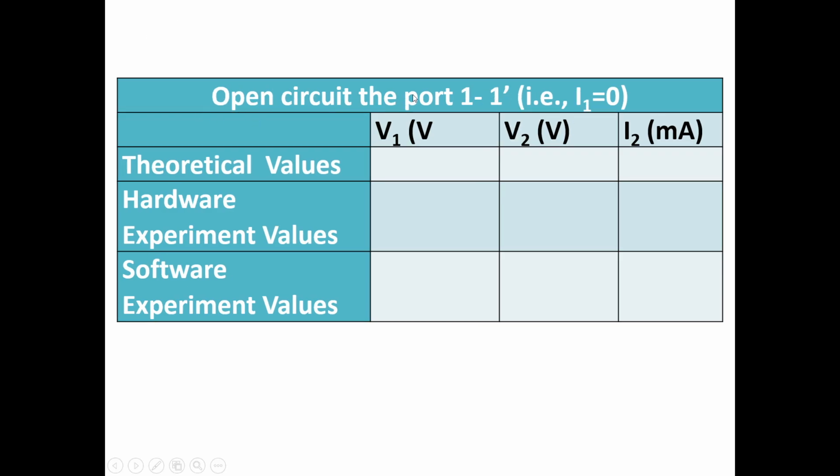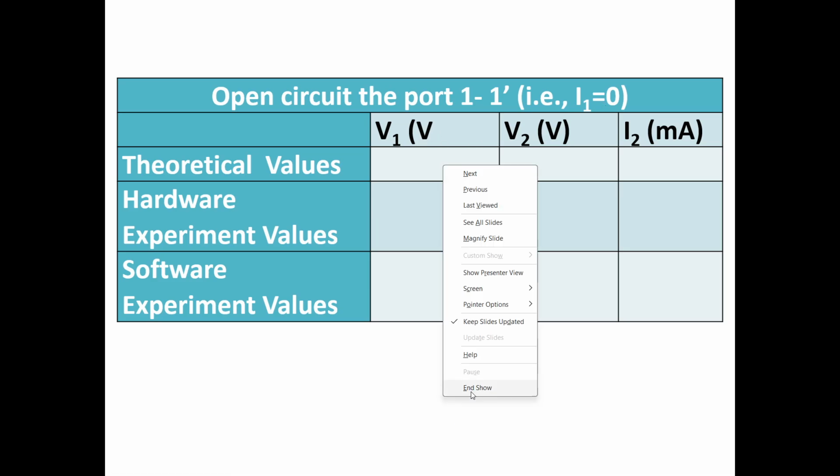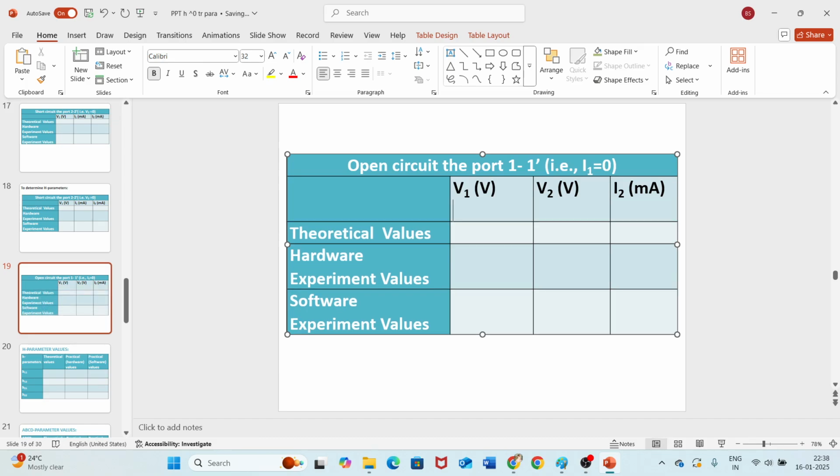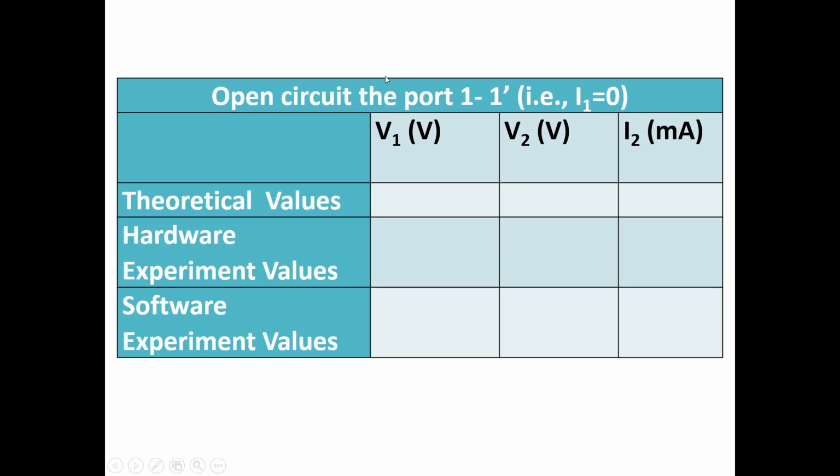Okay, next open circuiting the port 1 dash. So that is I1 equal to 0. You can note down. Here also bracket is missing. So open circuiting port 1 dash, that is I1 equal to 0. You can note down V1, V2 and I2 in the tabular column.